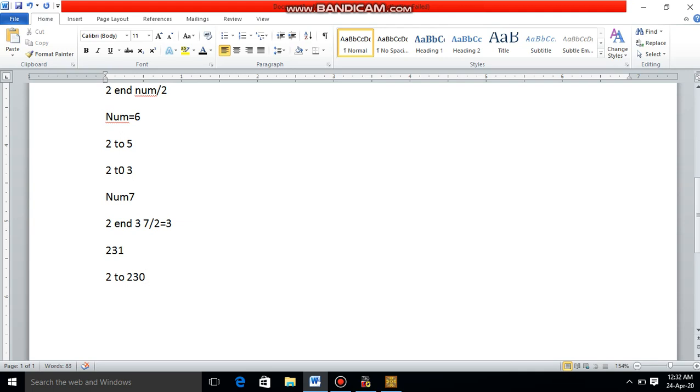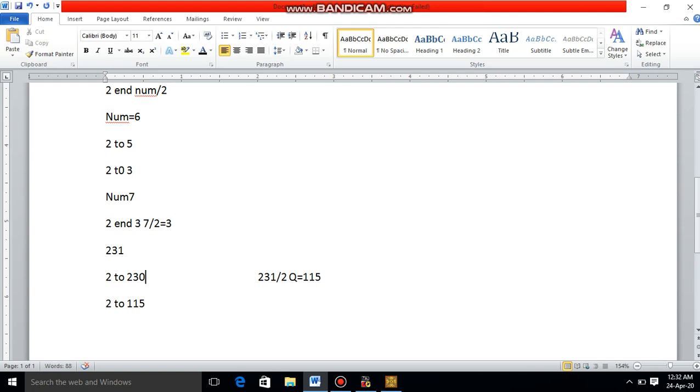So what I am trying to say is, we can start from 2, that is num equal to 231. So 231 divided by 2, what is the quotient here? The quotient is 115. I can start from 2 and end up with 115.